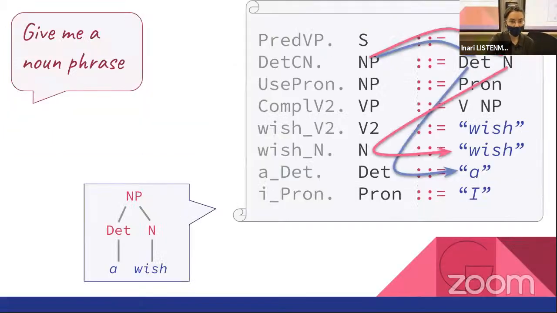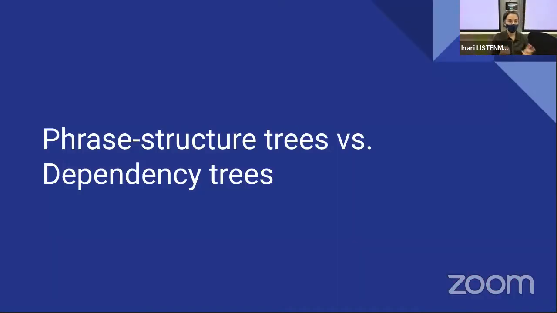In contrast with the generative grammar, you have production rules, which is literally what they do. They generate things and they give us a tree. So any questions on that part? Right, so let's talk about these different kinds of trees then.